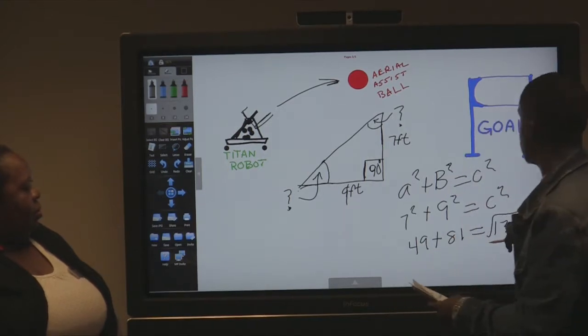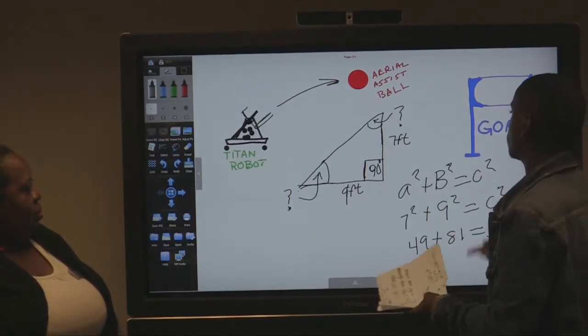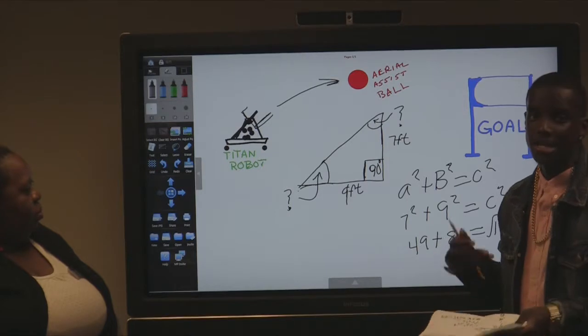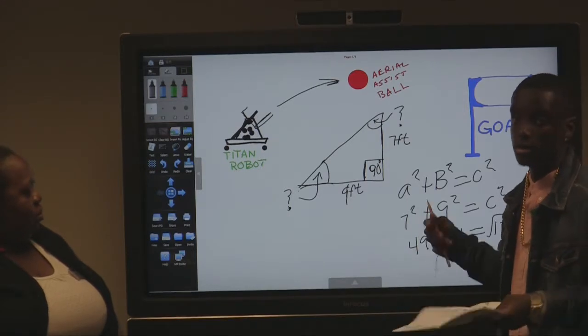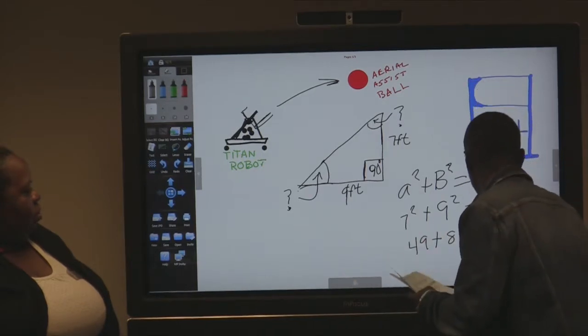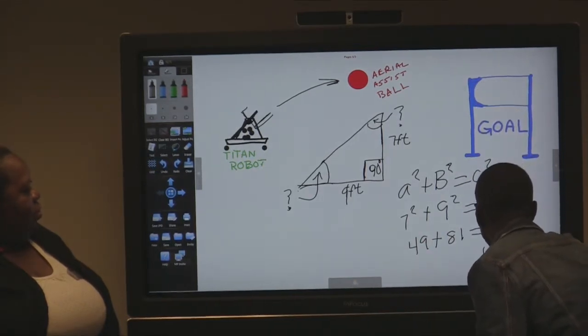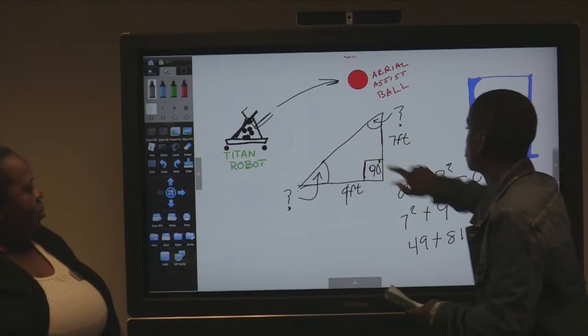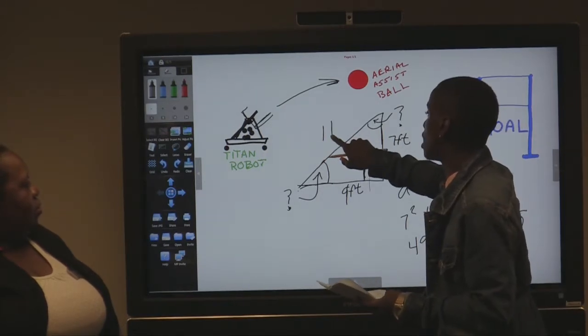The square root of 130 in decimal form is not exact because you don't have the radical, but we needed a good estimate. So it'll be 11.4. So 11.4 is our hypotenuse.